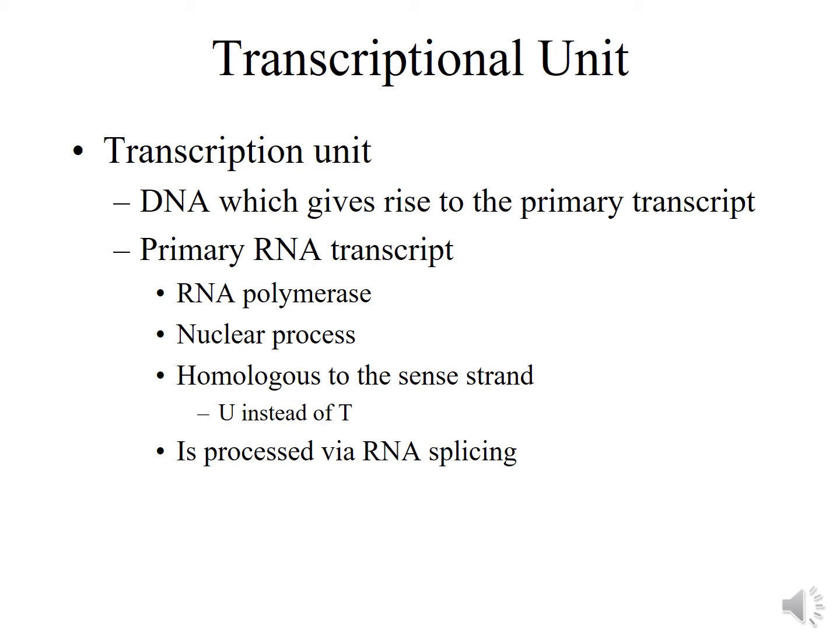It's produced by the RNA polymerase. It's a process that takes place in the nucleus. It's homologous to the sense strand, but we find U instead of T. And then ultimately, this RNA needs to undergo a series of modifications, the first and perhaps most important of which is RNA splicing. In the process of RNA splicing, we remove the introns that divide up the exons of the particular gene.